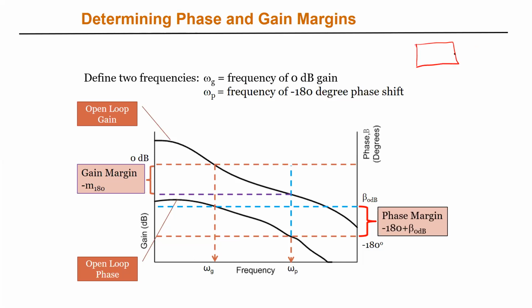Suppose I have a system here, this is G of S. And suppose I have another system here called (S plus A) over (S plus B).